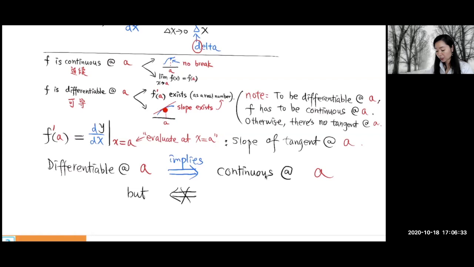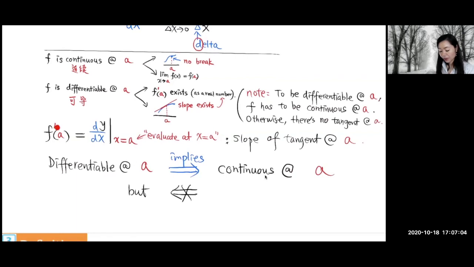Otherwise, there's no tangent at a. So differentiable at a requires the function to be continuous at a. But continuous at a doesn't imply differentiable at a. We'll see, I'm going to give you one example later on.